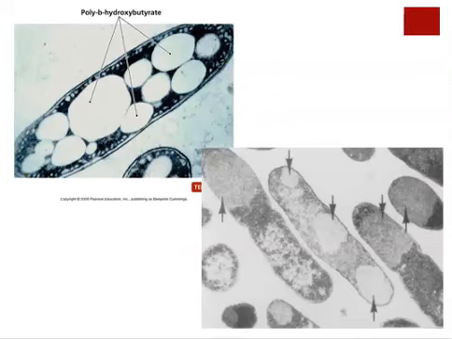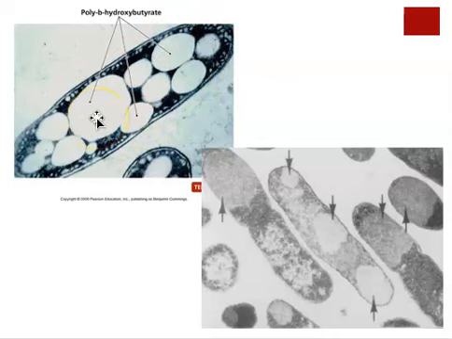On this slide, you can see some prokaryotic cells under the electron microscope. So this is one cell right here. This is a rod-shaped cell. And inside this cell, we can see these large white structures. These are not organelles.